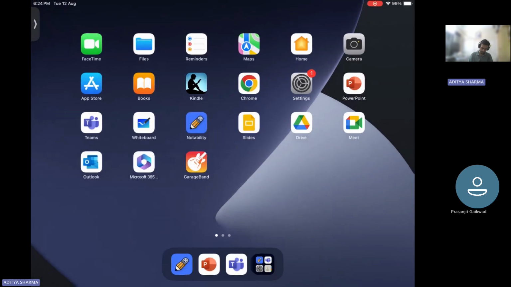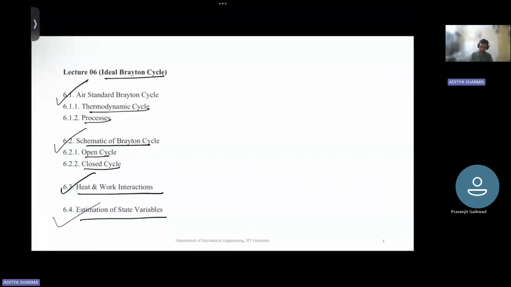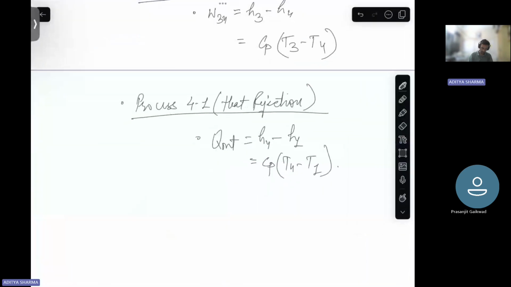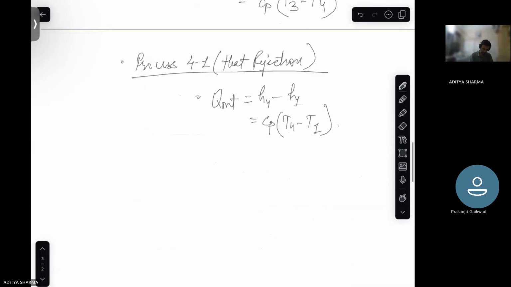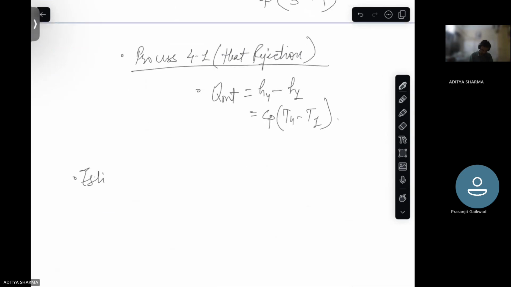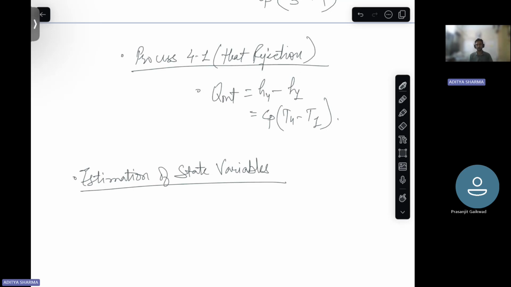Then the next topic is estimation of your state variables. In it, some parameters are known to us and some parameters we need to find out.